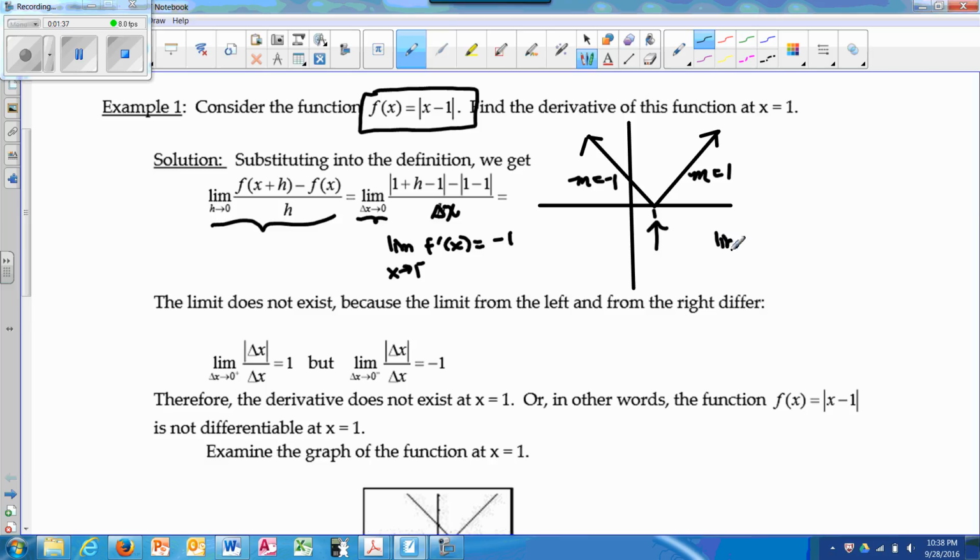And the limit as x approaches 1 from the right, not of f, but of the derivative function, is positive 1. Since the right-hand side derivative and the left-hand side derivative are not the same, we have to say that the derivative at x equals 1 does not exist.